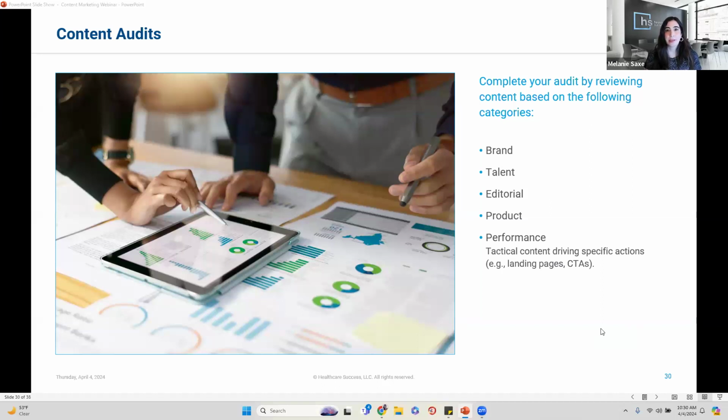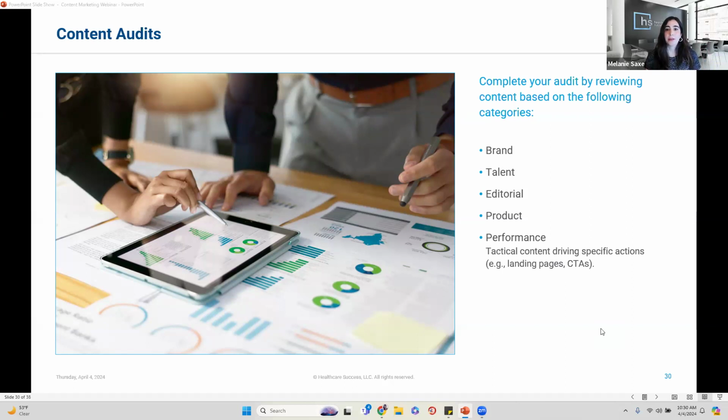But then, of course, you want to complete your audit by reviewing your pages through other lenses outside of SEO, right? So as I mentioned, we've got brand. Where is your brand and how developed is it? And does your website represent it? You want to get a collection of pages and review them through this lens. And you want to do the same for, essentially, create buckets, your categories. Some are brand, the talent, that's the recruitment and career content.